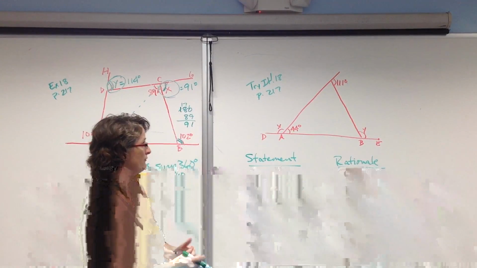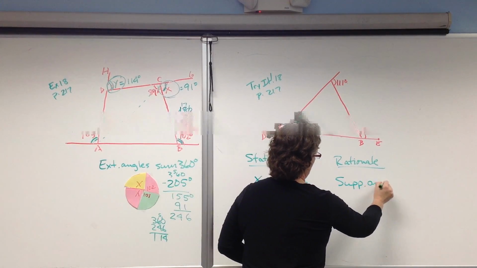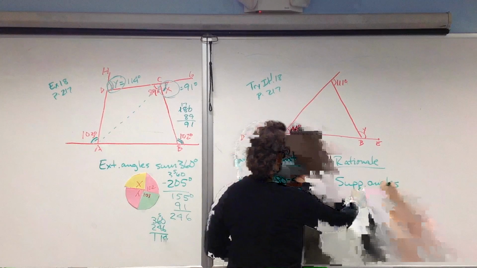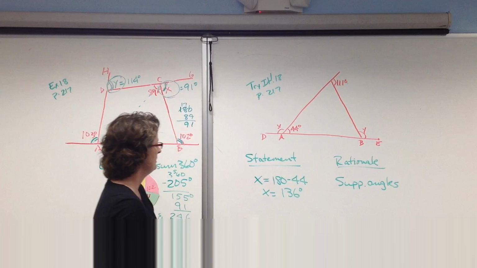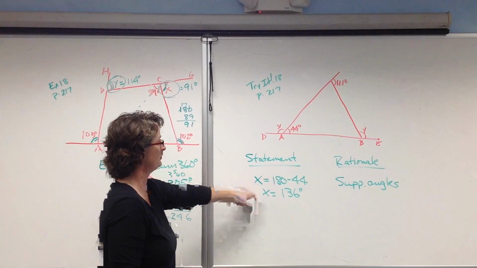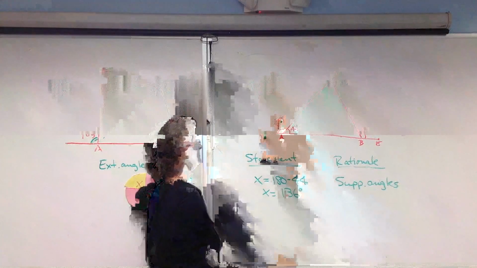And the rationale for that is supplementary angles. This is the reason we can say this. All right? So that's the first statement, and we've solved for x. So we know that this equals 136 degrees.